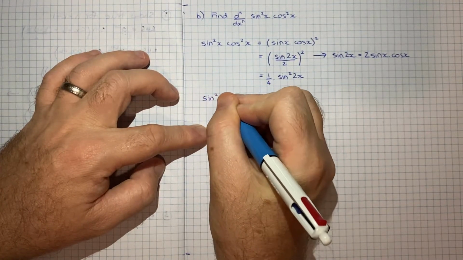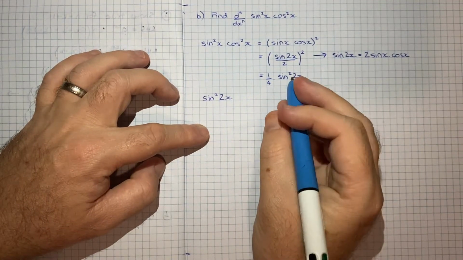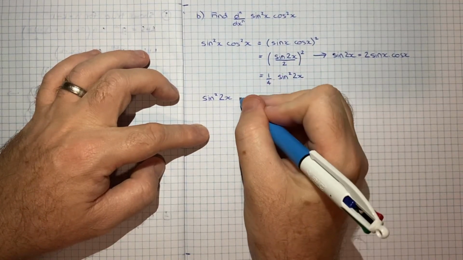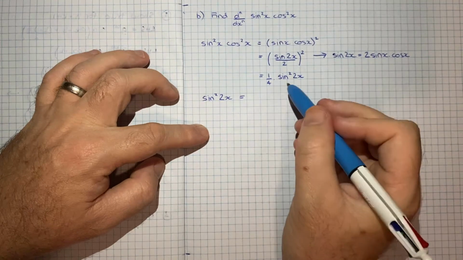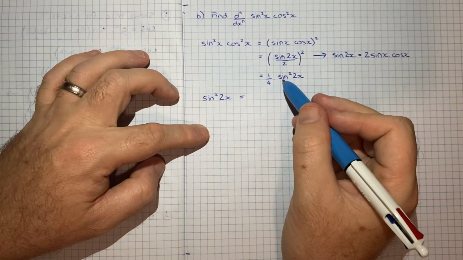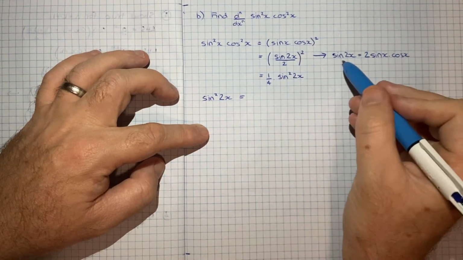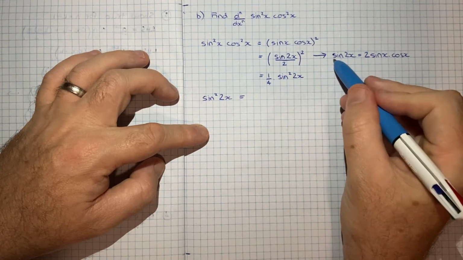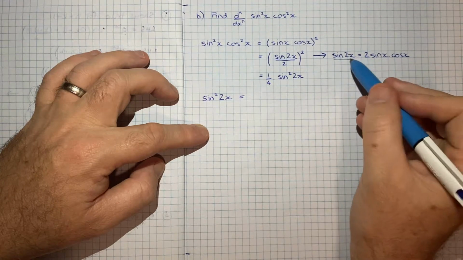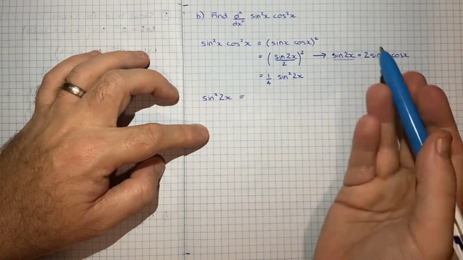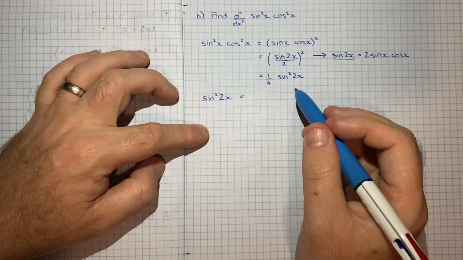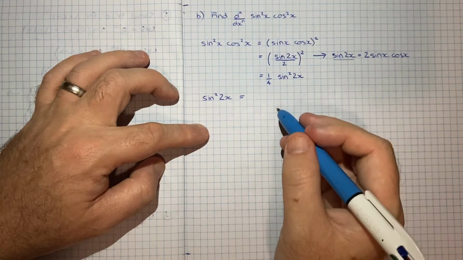So what I might do is another side step where we try and simplify sin²2x. Again, I think we can start with this sin 2x identity and see how we can get to the place we need to get to.